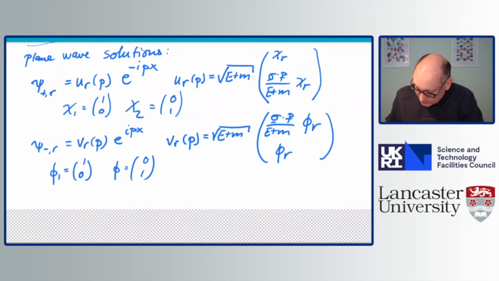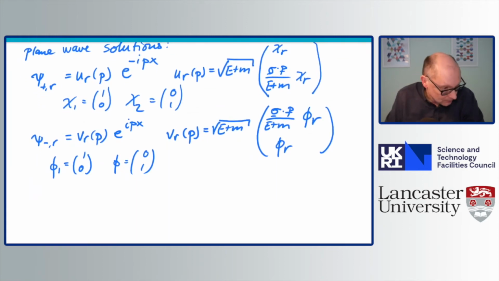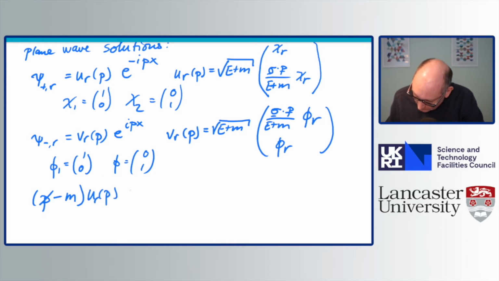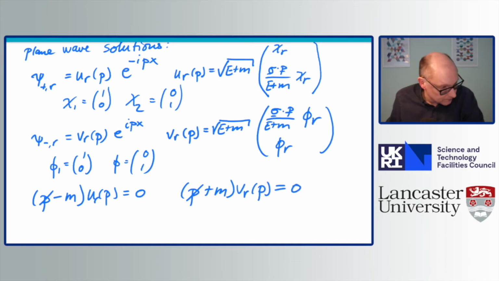Now, by construction, the spinors u and v satisfy their respective Dirac equation in momentum space. And by that I mean that (p slash minus m) on u is equal to 0 and (p slash plus m) on v of p is equal to 0.